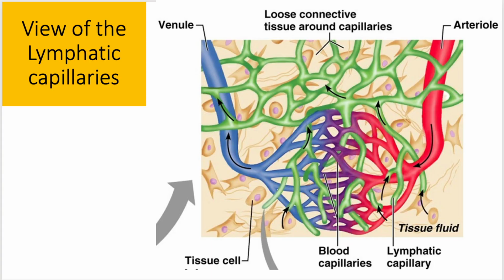So if we zoom in a little bit closer, this is what it looks like with those lymphatic vessels wrapped throughout the blood capillaries. So you see it looks like a spider web. It's all just intertwined. And so what that does is it allows our lymphatic capillaries to be close to the blood capillaries so that any fluid that is leaked is able to be returned.